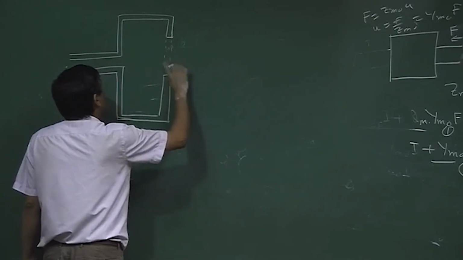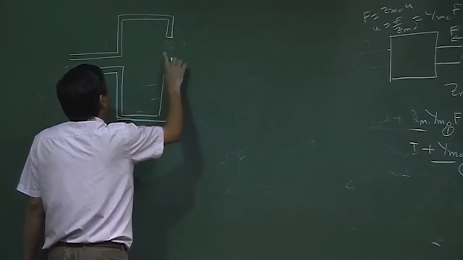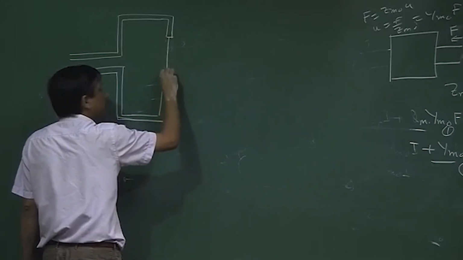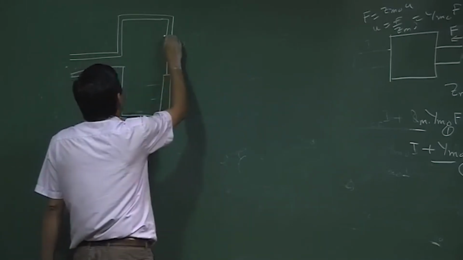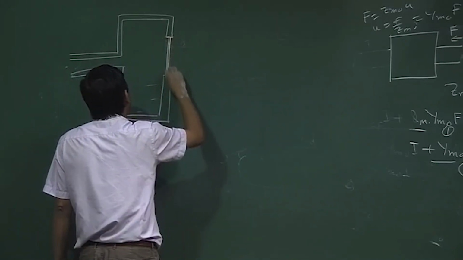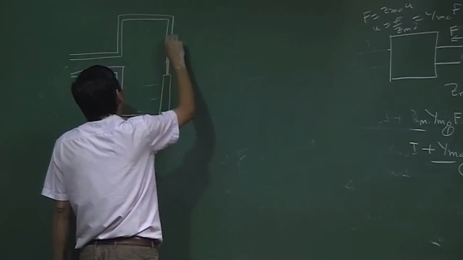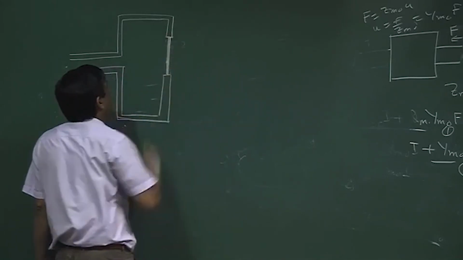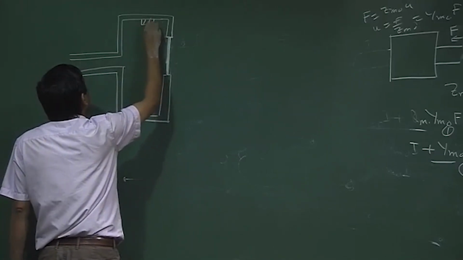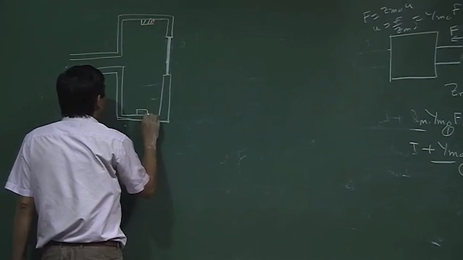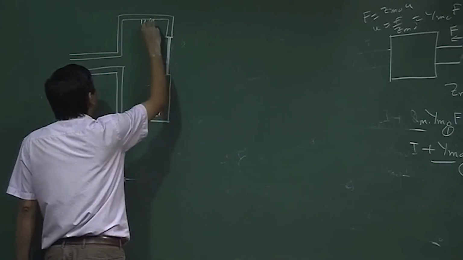So this is the casing, and here my diaphragm is connected. In between there is a plate, and the plate attaches to the diaphragm, and I have an electrical isolation here, and I have another plate.